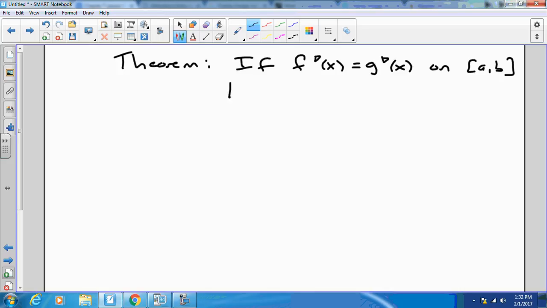If two functions have the same derivative on the closed interval a to b, then they are the same function within an additive constant on the interval a to b. Two functions with the same derivative are the same function within a constant.